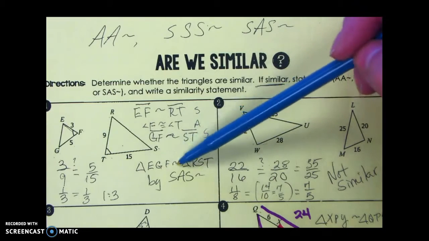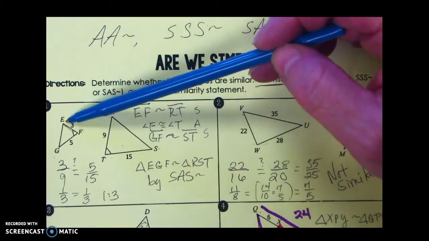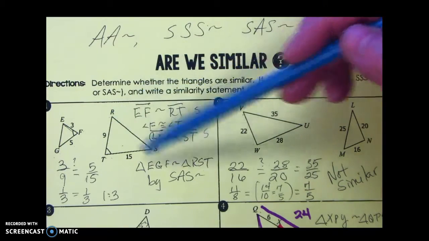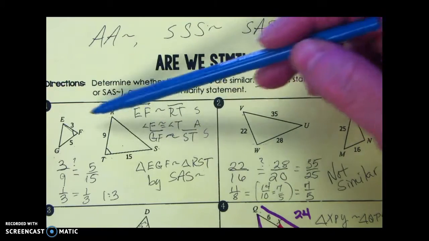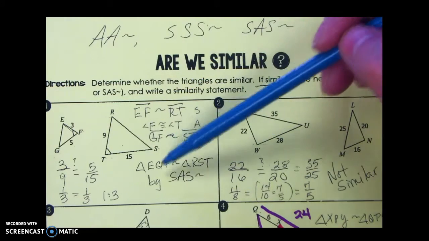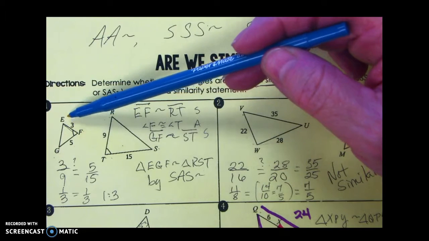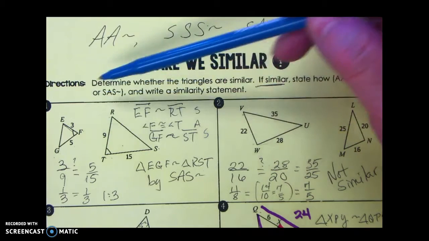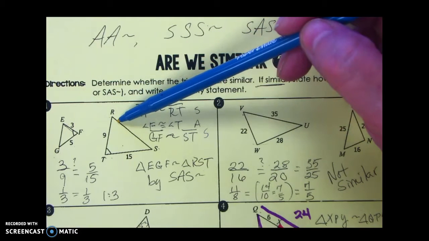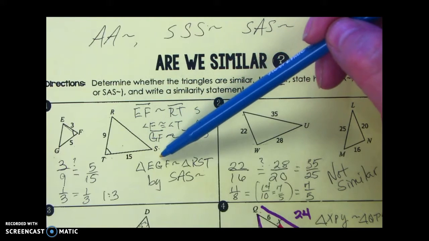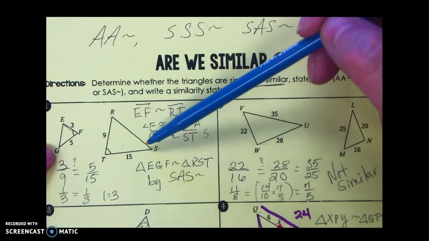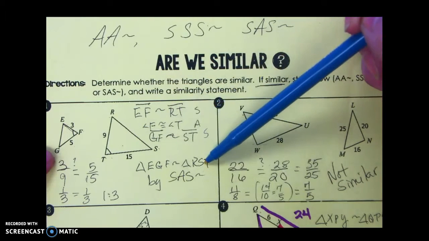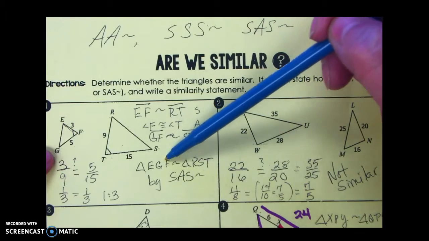Now, easy to write the first one. I can just pick letters. EGF. So triangle EGF is similar, but now when I go to the second one, I have to make sure I match up my angles. So angle E is right here. The angle that is congruent to angle E is angle R. Then I go to angle G. The angle in this triangle that is congruent to angle G would be angle S. Then I go to F right here.